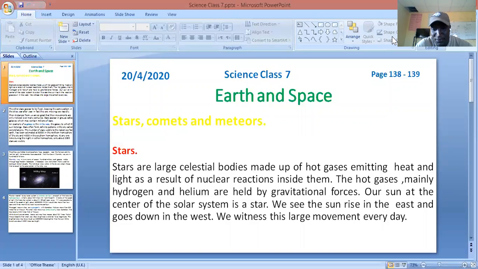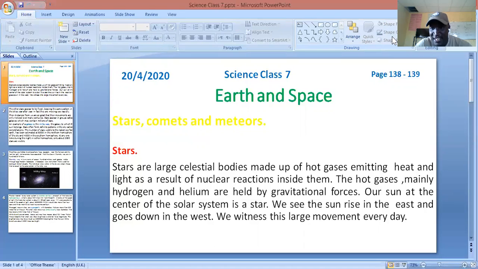We see the sun rise in the east and go down in the west. This is almost every day. Whenever there is sunshine, it rises from the east and falls in the west.